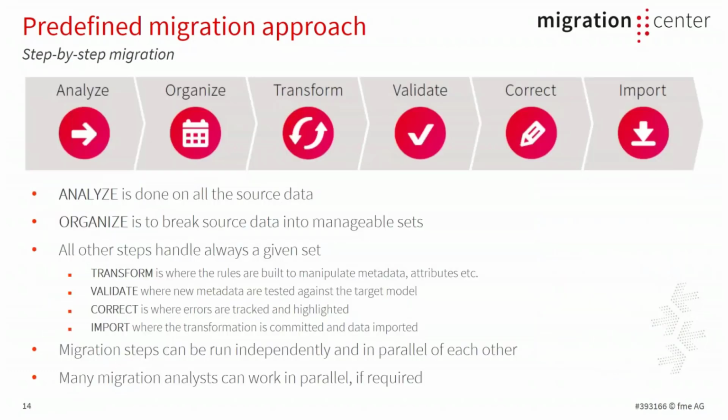Yeah, and besides the set by set, we have the so-called step-by-step migration. I have that slide because, as I just said, for the content or storage replacement we actually have the same phases. We still have analyze, organize, transform, validate, correct, and import, which basically means we extract the metadata, not the content, but the metadata, into the Migration Center, then build migration sets in an organize phase, and put the transformation on.